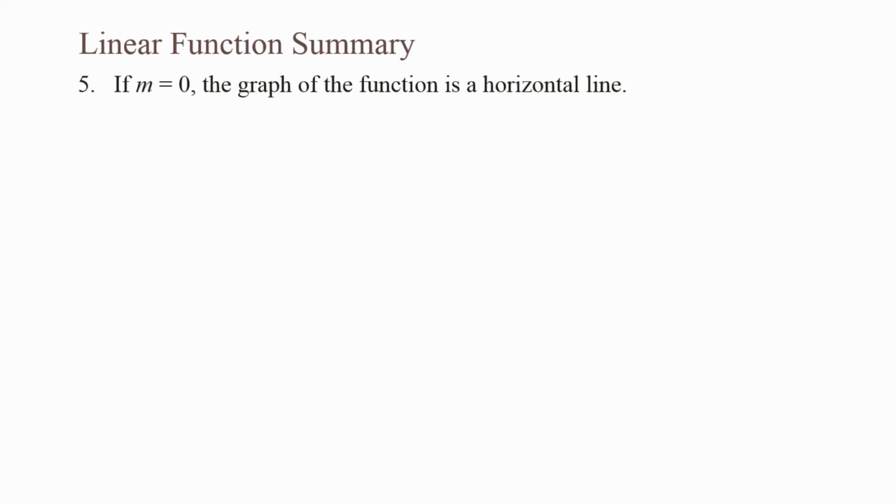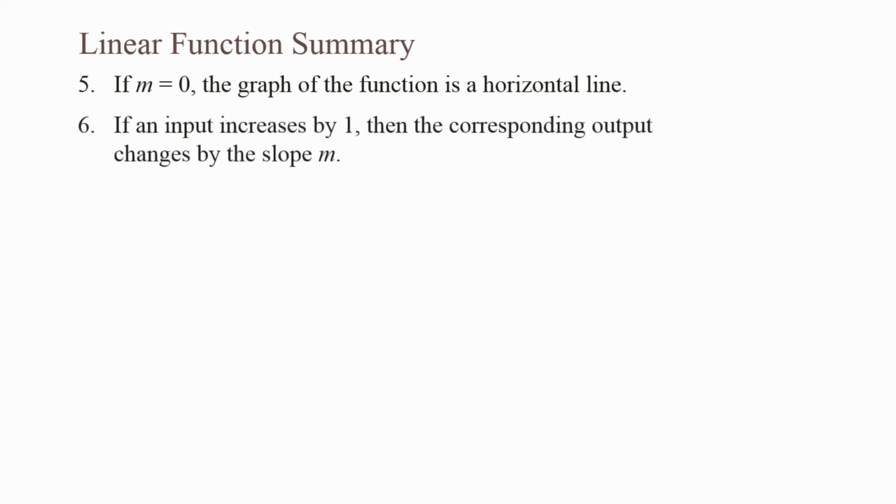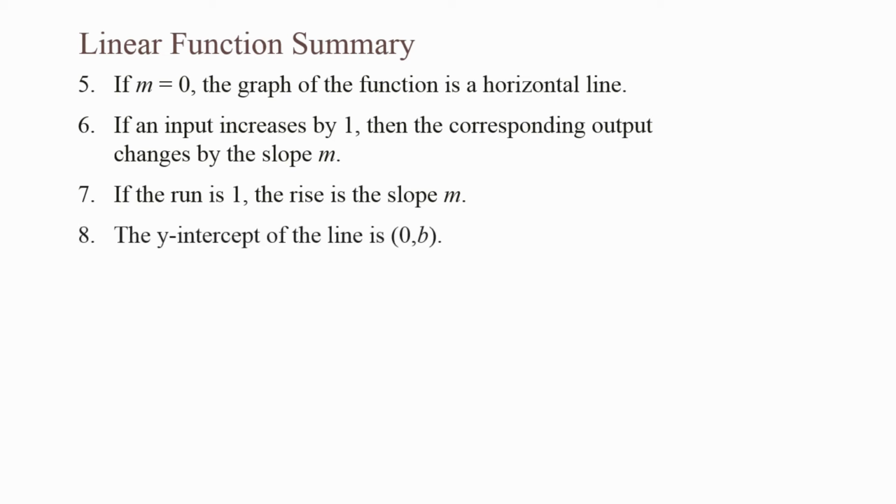If m equals 0, the graph of the function is a horizontal line. 6. If an input increases by 1, then the corresponding output changes by the slope m. 7. If the run is 1, then the rise is the slope m. 8. The y-intercept of the line is (0, b).